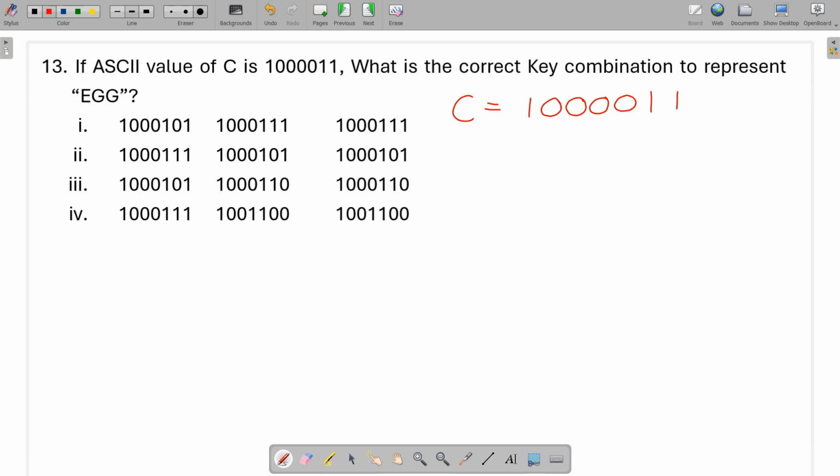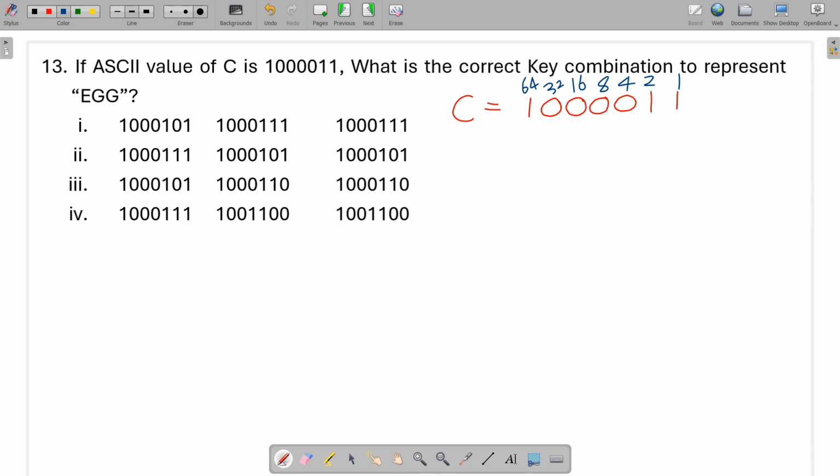ASCII is a 7-bit code, so what you have to do is first convert this into a decimal value. The place values will be used for this: 1, 2, 4, 8, 16, 32 and 64.